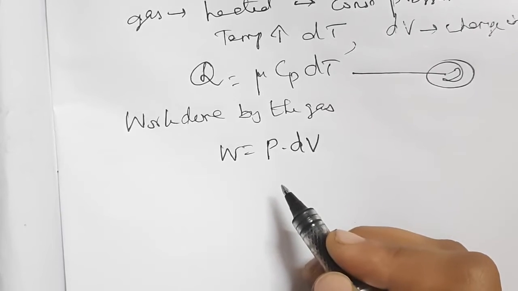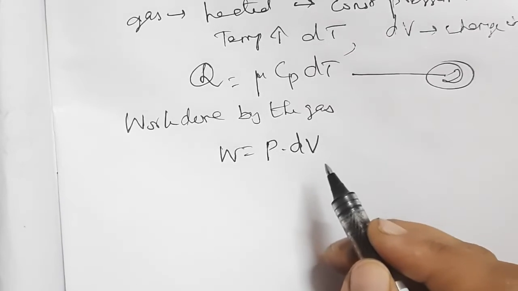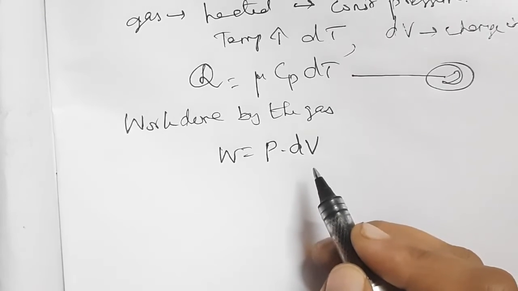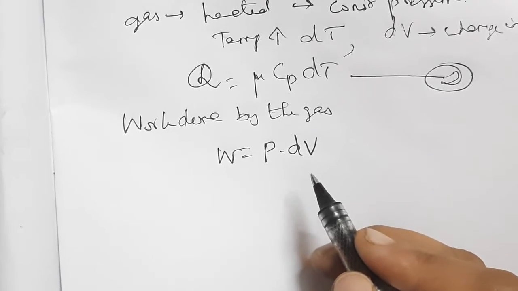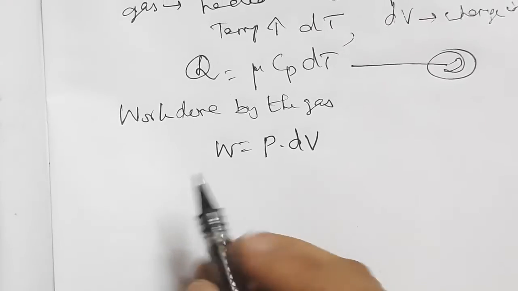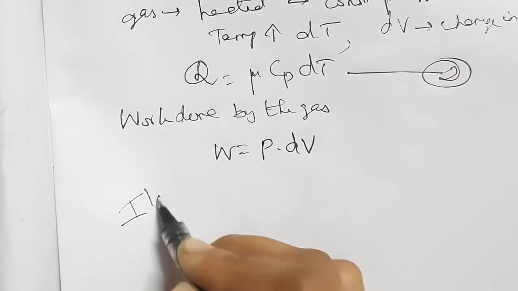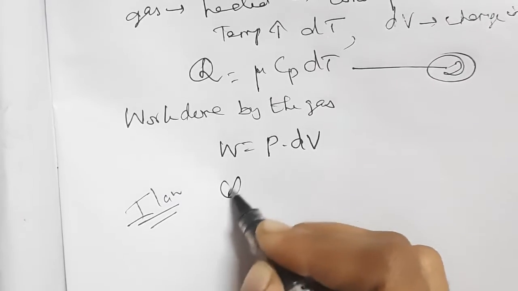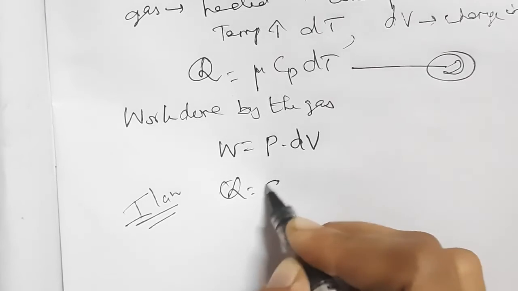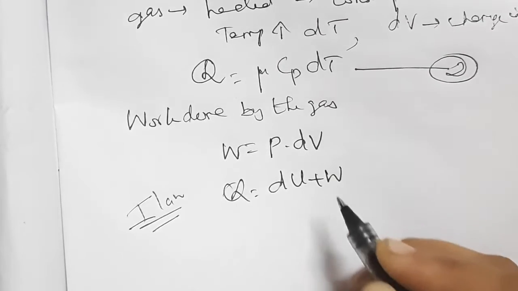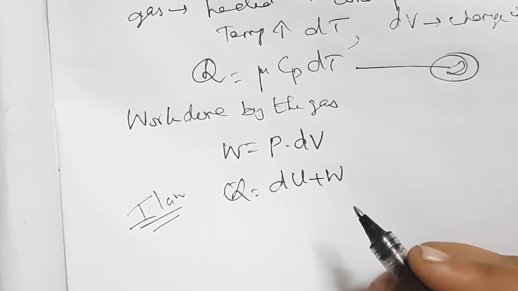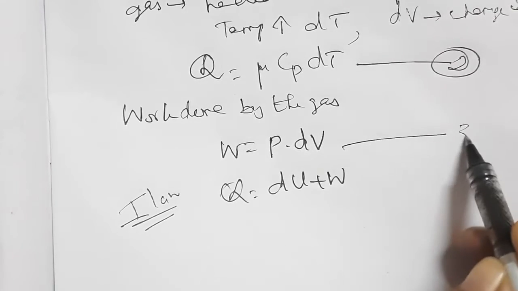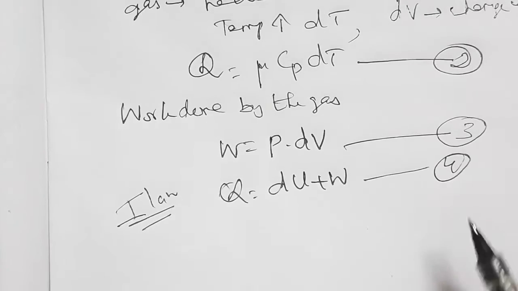Work done by the gas in this process is pressure into change in volume. So at constant pressure, the volume changes, so we can write W is equal to P dV. And from the first law of thermodynamics, we have the relationship Q is equal to dU plus W. Let's consider this as equation 3 and this as equation 4.